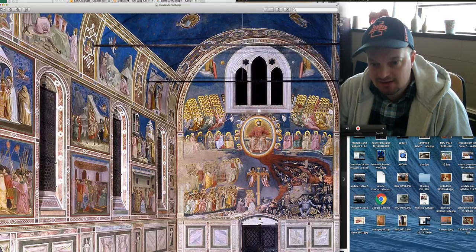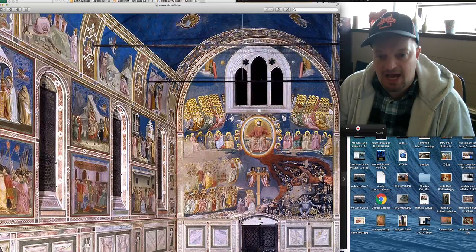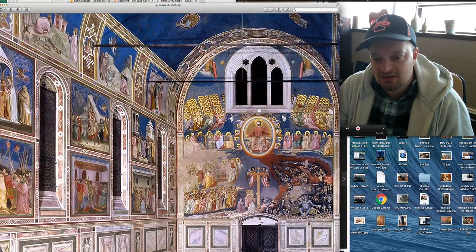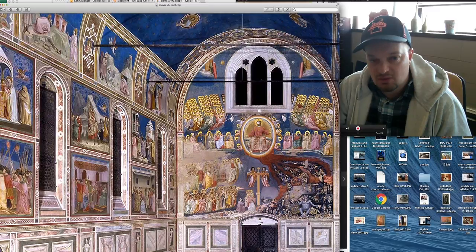There's still some holdovers to Gothic style painting, which is where we have all these halos on the righteous, and then the damned don't have halos, right? But you see a sense of shadow and shading in the characters, and especially on the side panel paintings, people are layered in a more natural way.